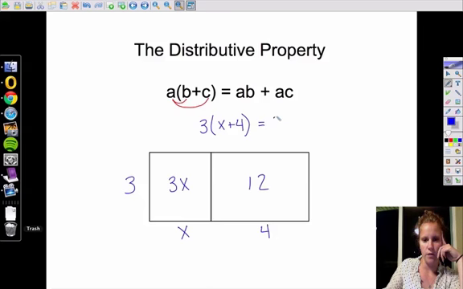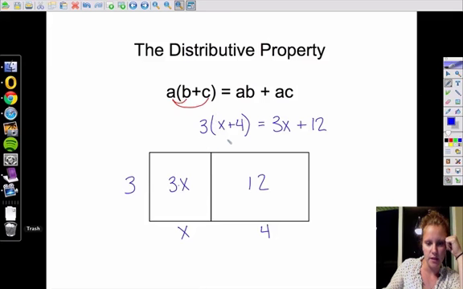So that equals 3x, because 3 times x is just 3x, plus 12, all right? And this is more simplified than this, okay? And you're going to see tomorrow how this will come in handy, but we need to work on this skill of distributing, okay? So we have some practice problems for you to do today.